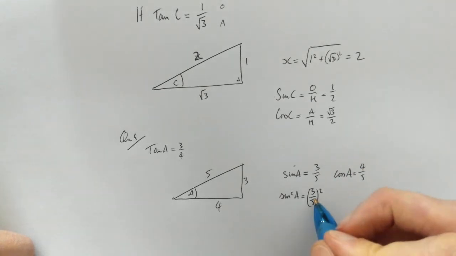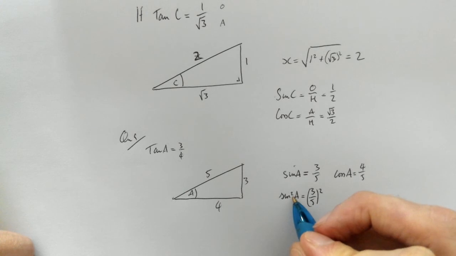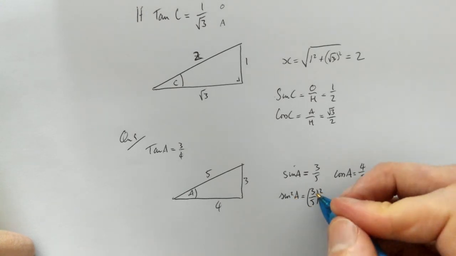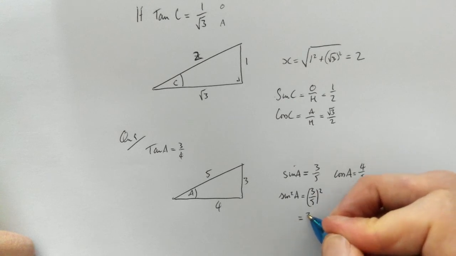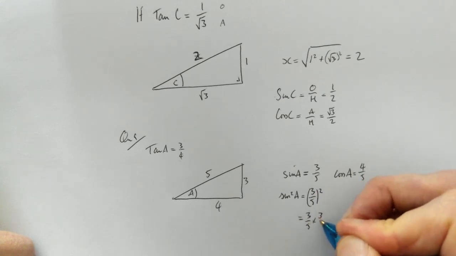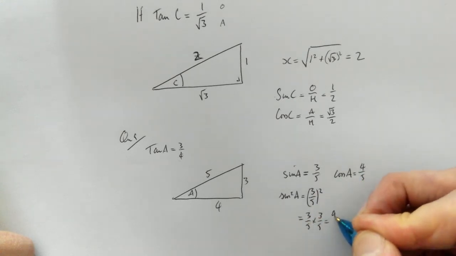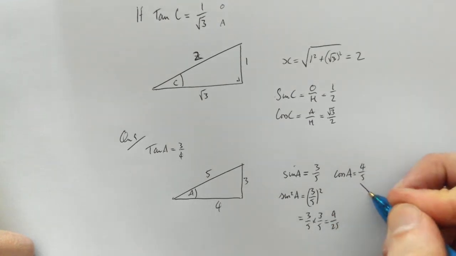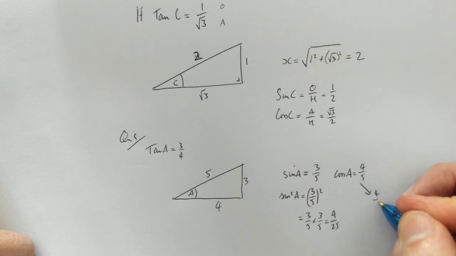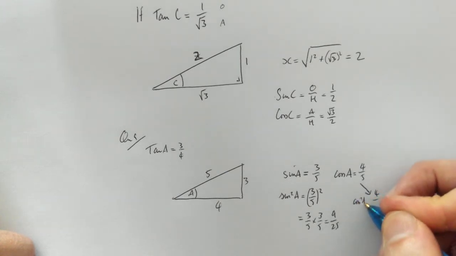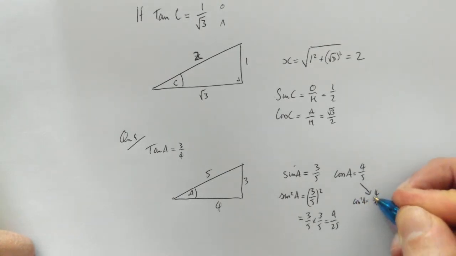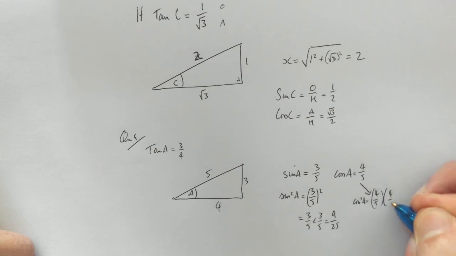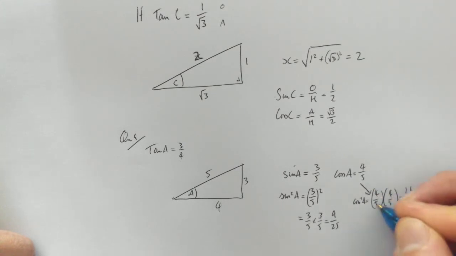That's how they notate the squared for the trigonometric ratios. So remember, that's 3/5 times 3/5, which is 9 over 25. Multiply top, multiply bottom. Similarly, cos squared a is equal to 4/5 times 4/5, which is 16 over 25. 4 times 4, 5 times 5.